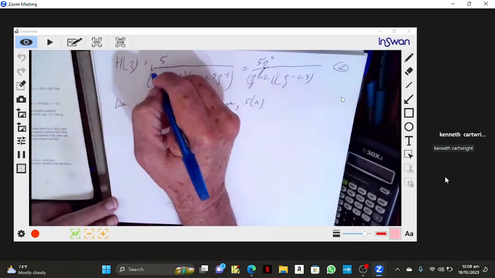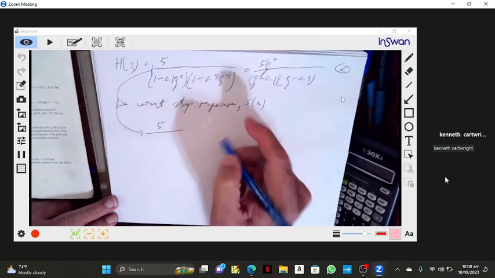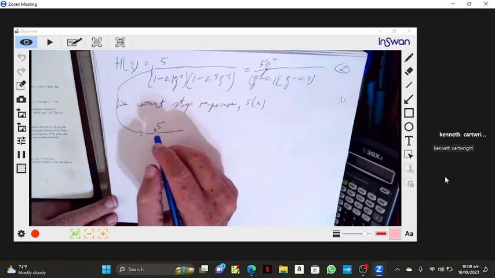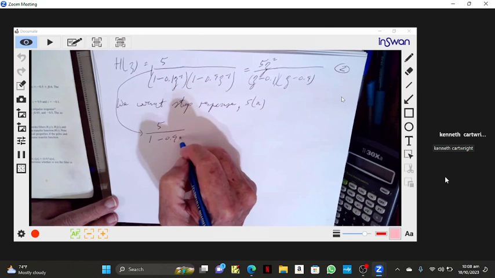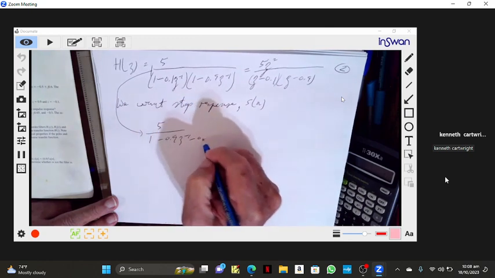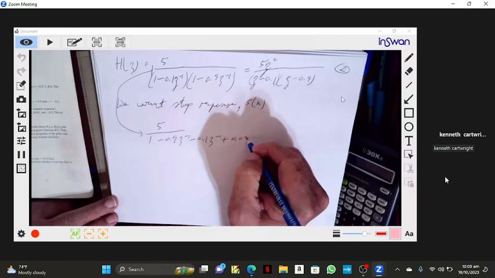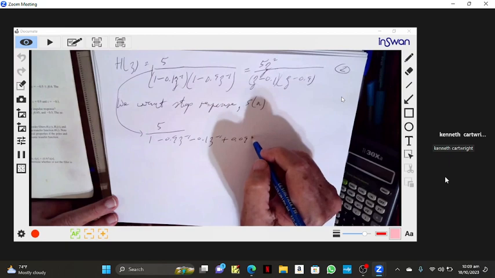You could have done what you want to do, Mr. Johnson. You'll get that eventually. So you want 1 minus 0.9 z to negative 1 minus 0.1 z to negative 1 plus 0.09 z to negative 2.